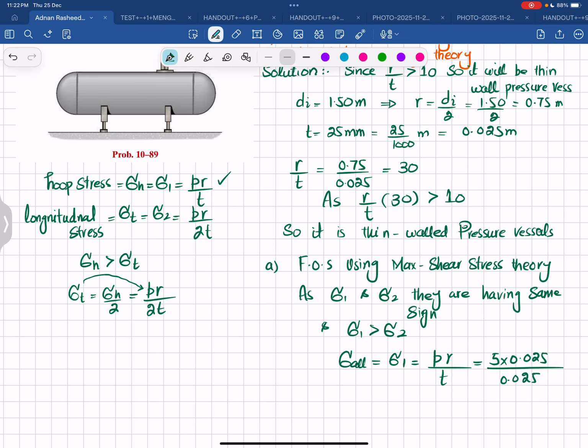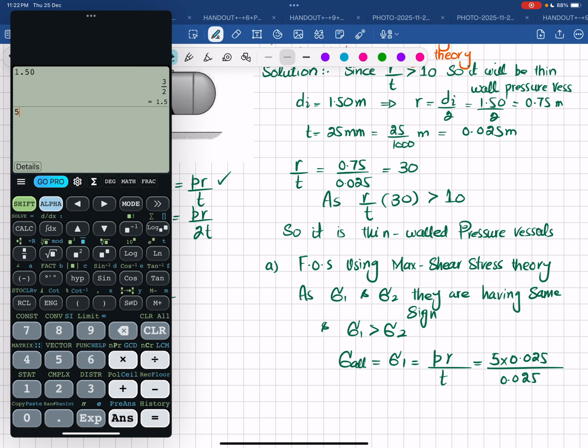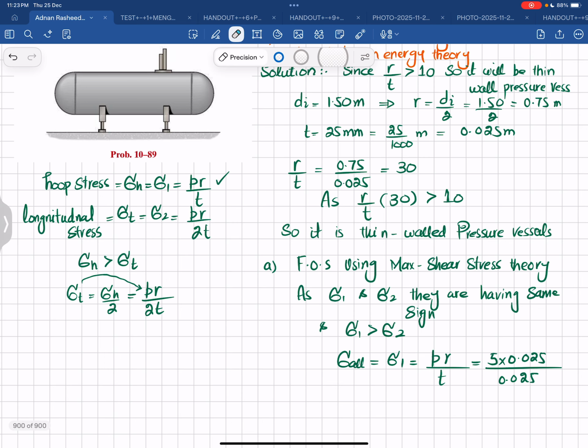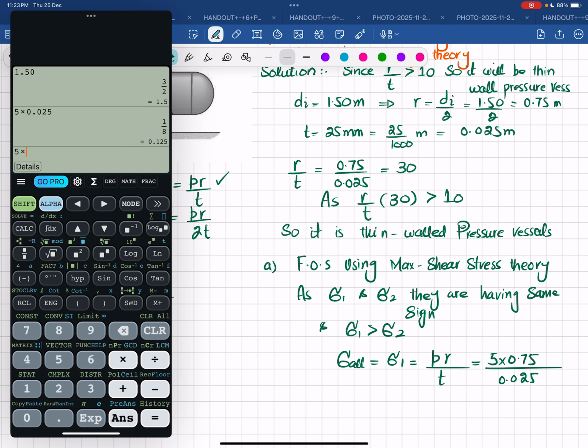So we will calculate it: 5 multiplied by 0.75 divided by 0.025, and we can see that the allowable stress, sigma 1, is equal to 150 megapascal.